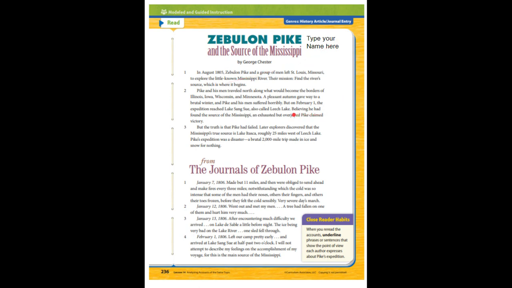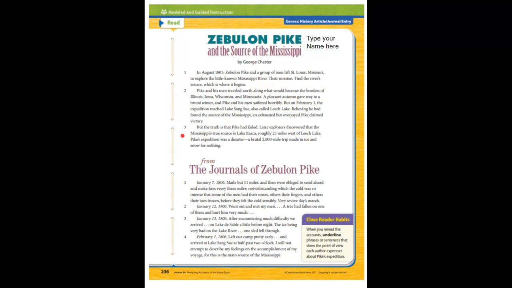I would underline that: believing he had found the source of the Mississippi, an exhausted but overjoyed Pike claimed victory. Again, Pike being Zebulon Pike. I am a little thrown off here because it says believing he had found the source. So I think we might have a plot twist coming up, because when you say a term like believing, you're saying he thought he got there, but maybe he could have been wrong. So let's keep reading and find out.